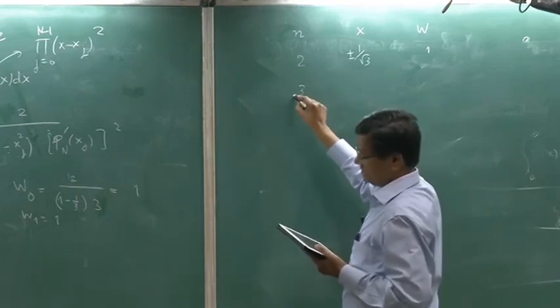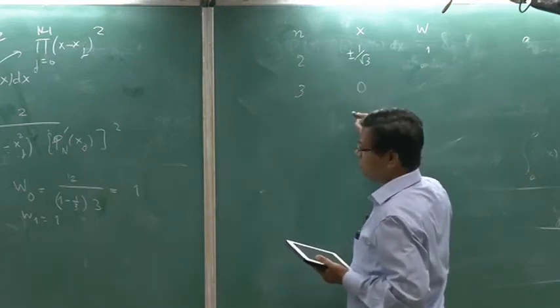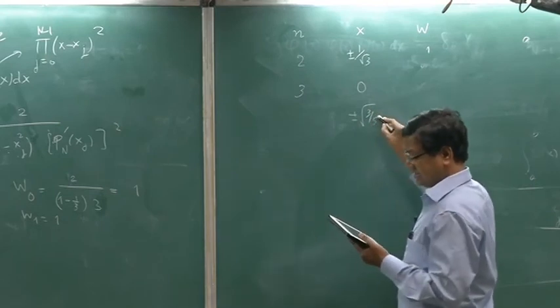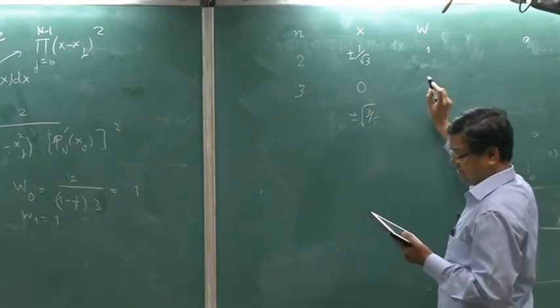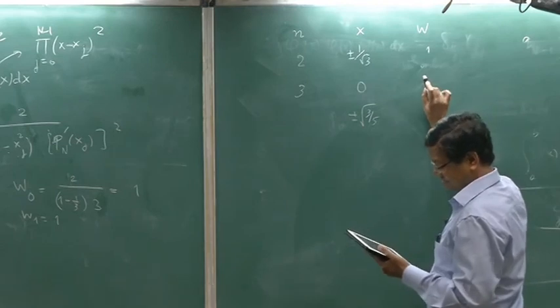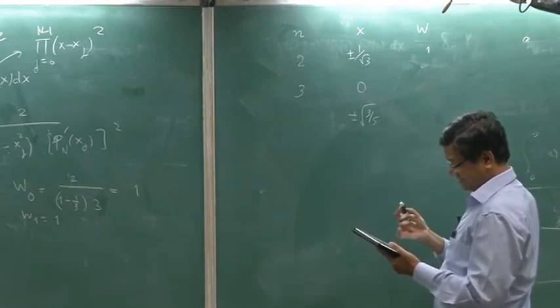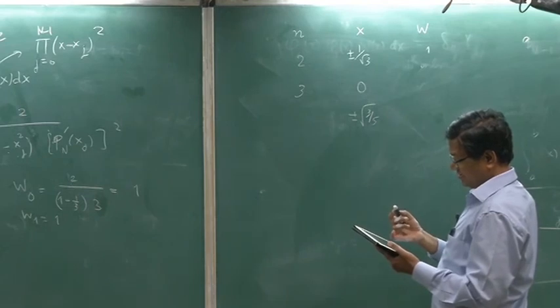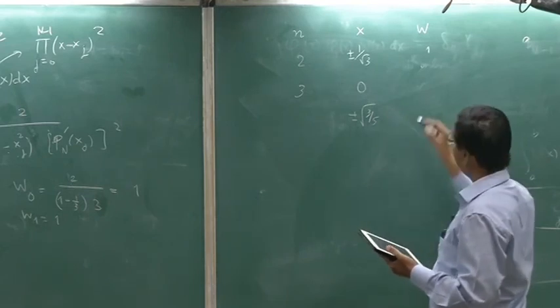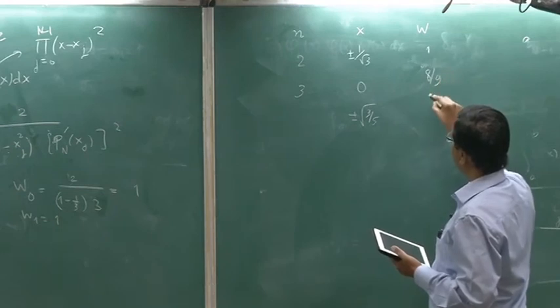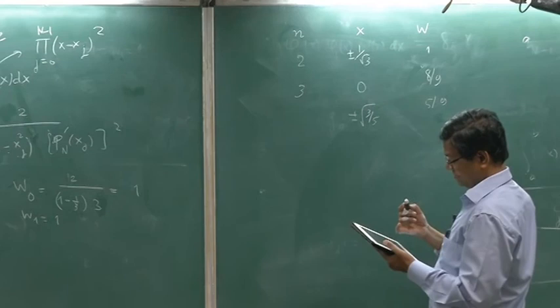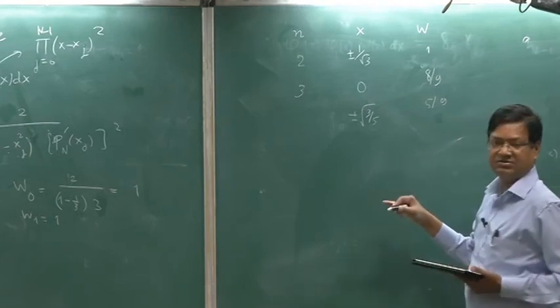For 3, my roots are 0 and plus minus root 3 by 5, and the weights are 8 by 9, and 5 by 9, okay. So we write like this.